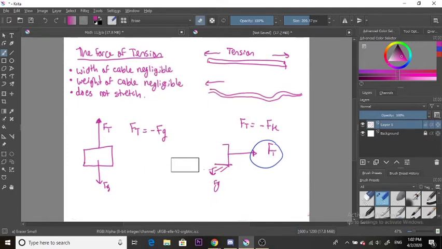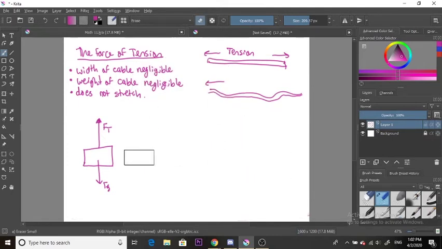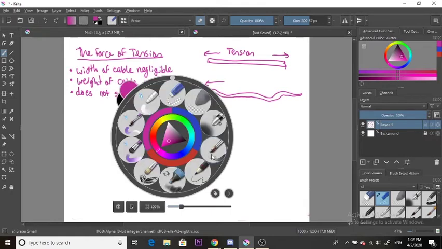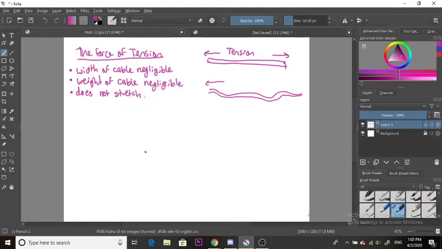Now, let's say that we had an angle associated. So let's draw in a box or a sled. Let's say that this is a sled, and the sled is being pulled in this direction. So there's an angle associated with this right here.